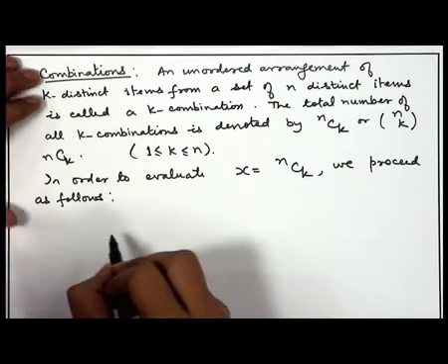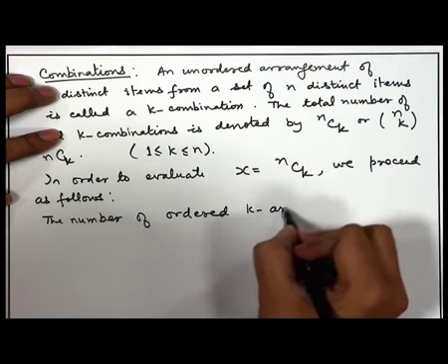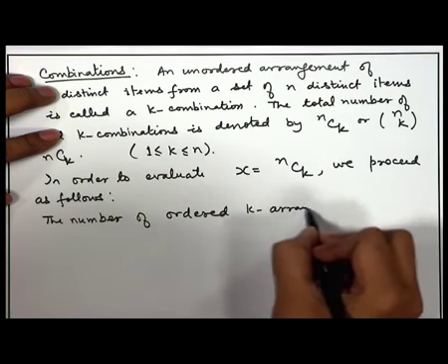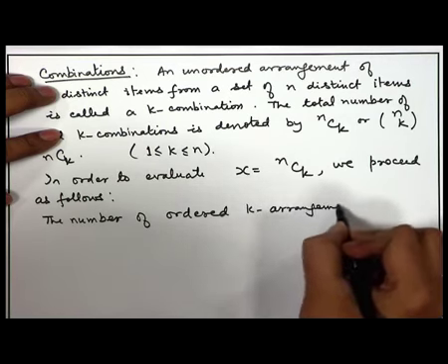So, if we consider the ordered arrangements, there are n p k. The number of ordered k arrangements is n p k.